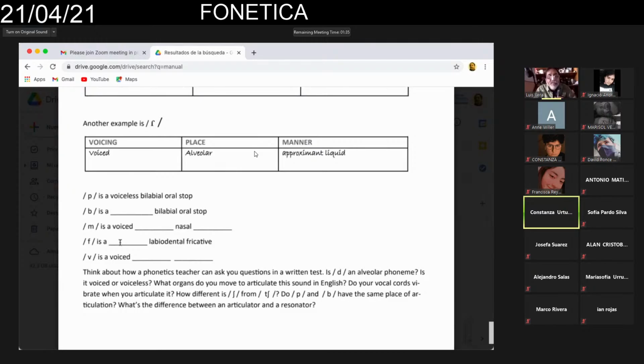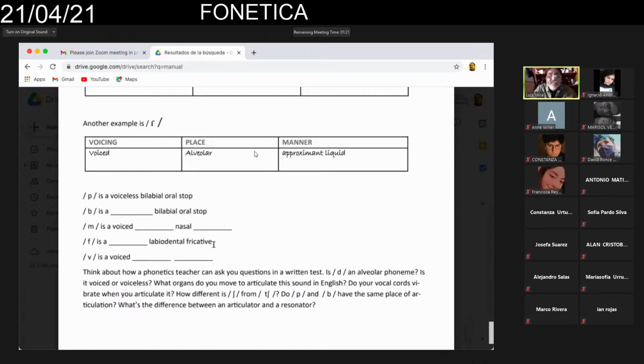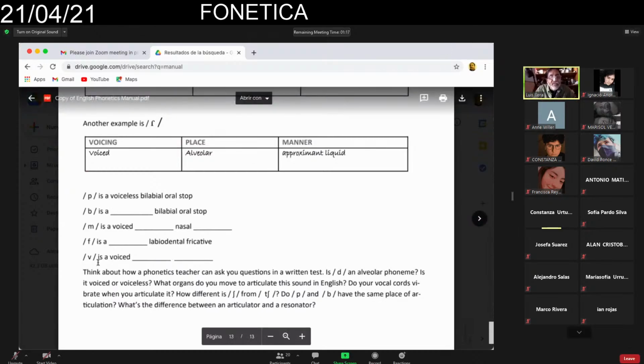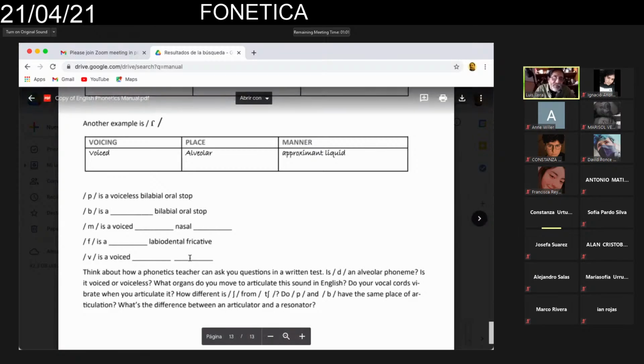Is a fricative? No, fricative is here. Voiced or voiceless? I'm sorry. Voiceless. Voiceless labiodental fricative, and then you have the complete phrase. And finally, v is a voiced labiodental fricative. Very similar to this one.